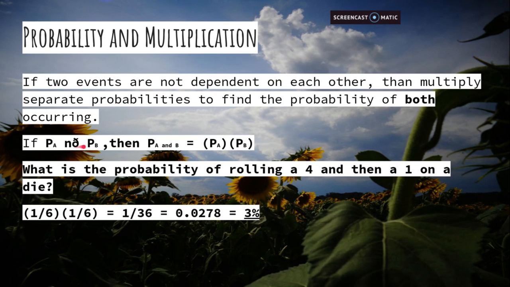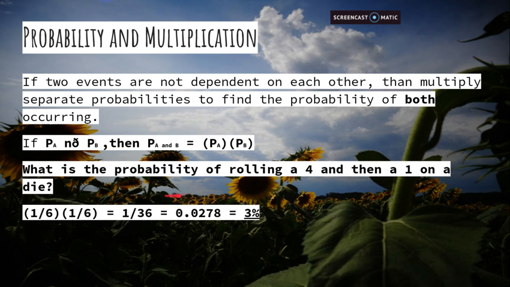You don't need to say n th. So, if the probability of A happening is not dependent on the probability of B happening, then the probability of A and B happening equals the probability of A times the probability of B.